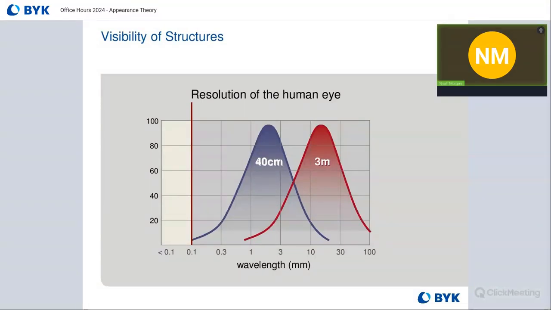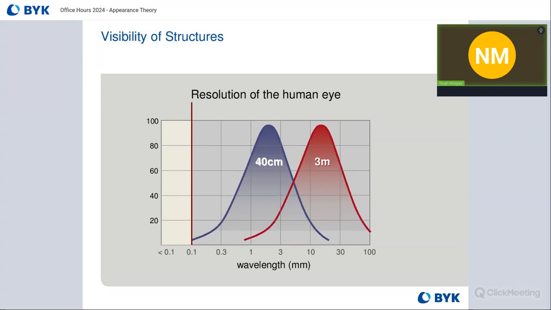All right, so what exactly are these short waves and long waves that we observe from these different distances? In the graph, we see that the resolution of our eye ranges from structure sizes of around 0.1 millimeters to greater than 100 millimeters. From far distances, or 3 meters, we can best see structure size of approximately 10 to 20 millimeters. That's referred to as long wave.